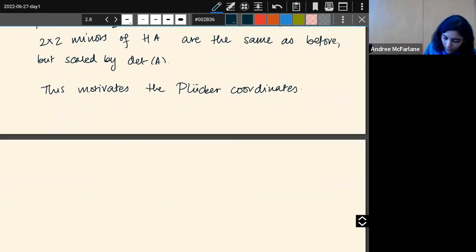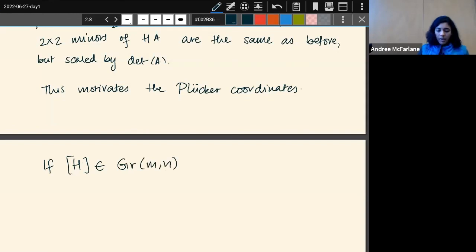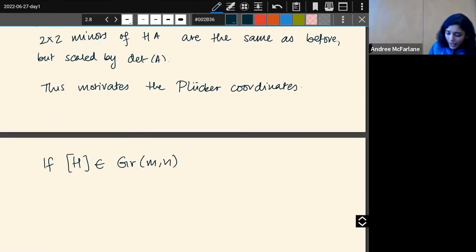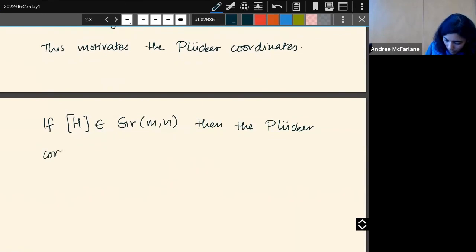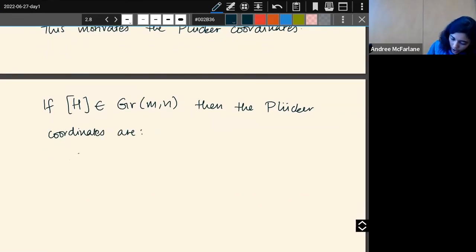So the Plücker coordinates are as follows. If H is a point in the Grassmannian, meaning the matrix H represents a point in the Grassmannian, with the equivalence class being any other matrices that represent the same point, then the Plücker coordinates are simply the collection of all possible 2 by 2 determinants.